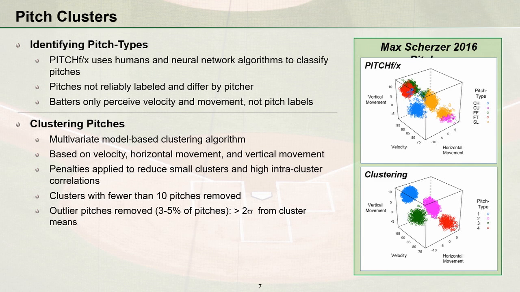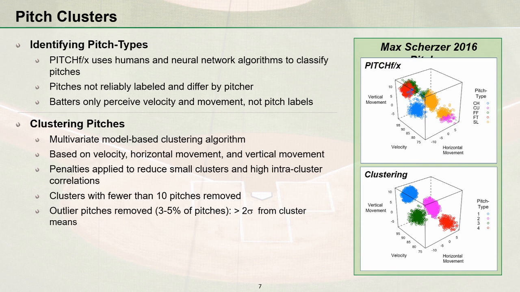But ultimately, the PitchFX designations are kind of irrelevant, right? I mean, a batter really only perceives the velocity and movement of the baseball. He doesn't care if it's a 2-seam fastball or a 4-seam fastball. So really, the label given to the pitch is not important. As a result, I decided to employ a model-based clustering algorithm to identify different pitch types.